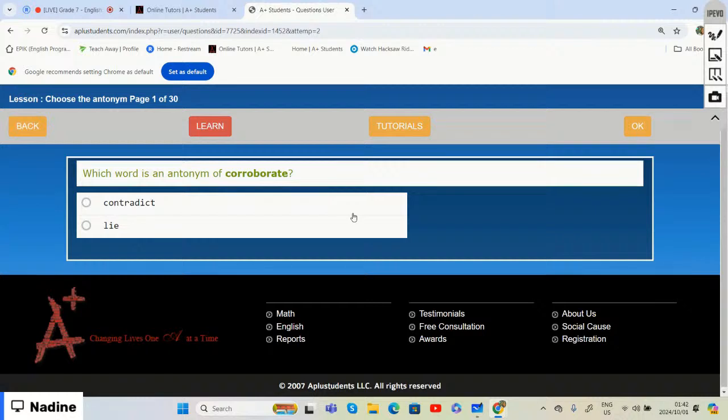And corroborate is to give or present evidence of the truth of something. But now, corroborate, is it contradict or to lie?